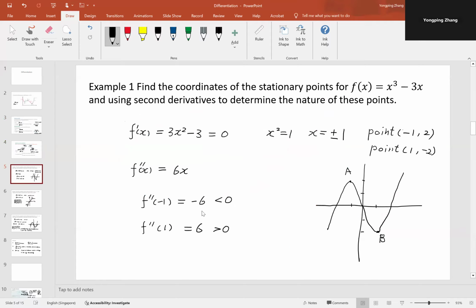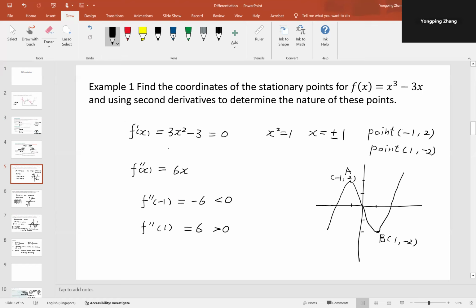Now see the example. Find the coordinates of the stationary points for this function, using the second derivative to determine the nature of each point. We can see that the first derivative equals 0 gives points A and B. A is (-1, 2) and B is (1, -2).